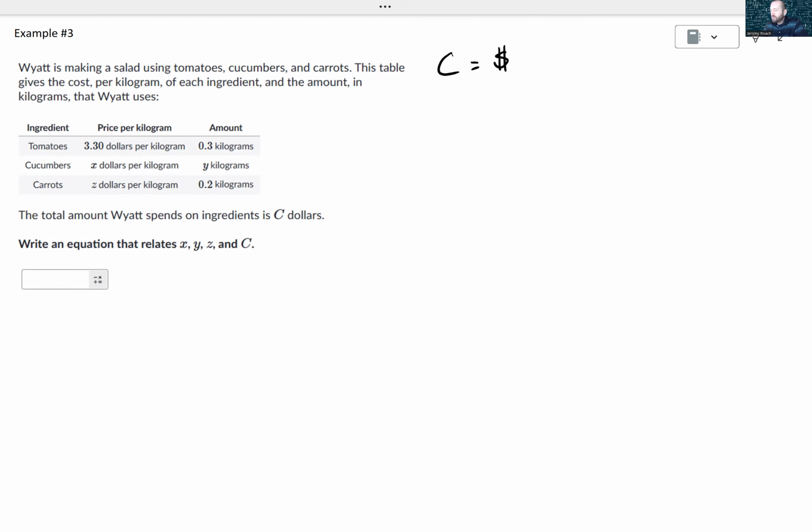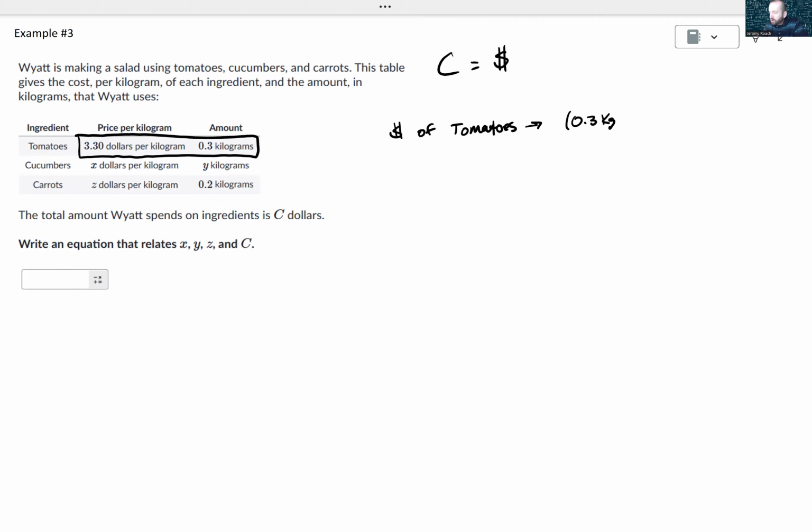So let's first figure out the dollars of tomatoes. That's our first food item on there. If we want to take this information and figure out how many dollars we spent on tomatoes, let me start with the amount.